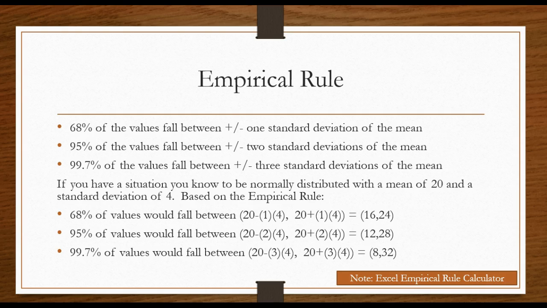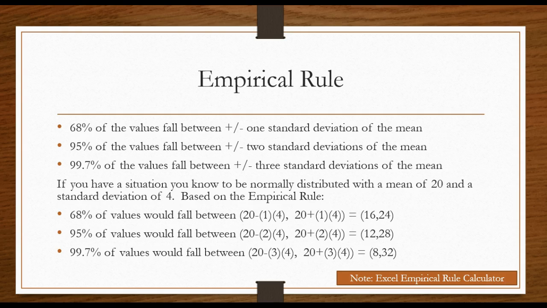That's simply because the empirical rule states that if we've got a distribution that's normal, almost normal, we can assume that 68% of the values fall between plus or minus 1 standard deviation. 95% of the values should fall between plus or minus 2 standard deviations. And 99.7% of the values should fall between plus or minus 3 standard deviations.